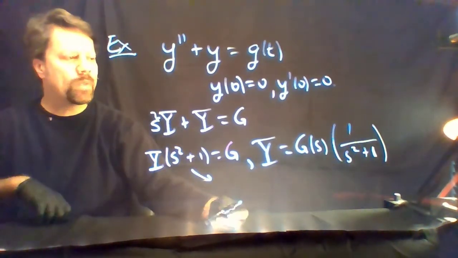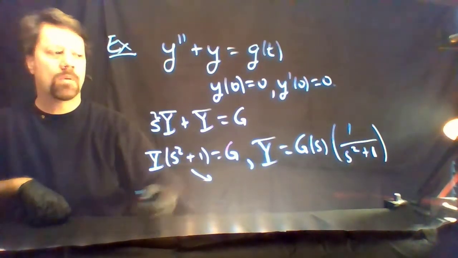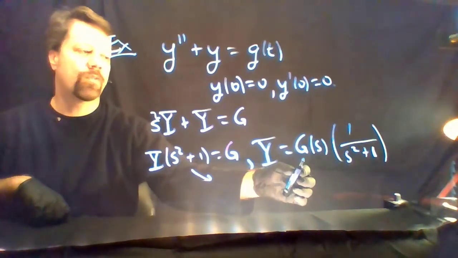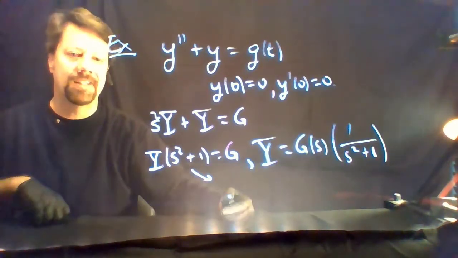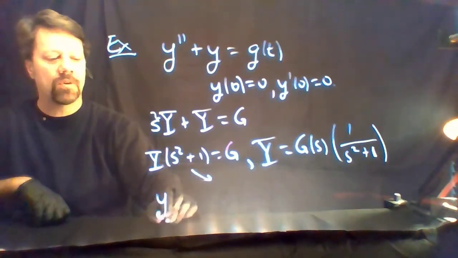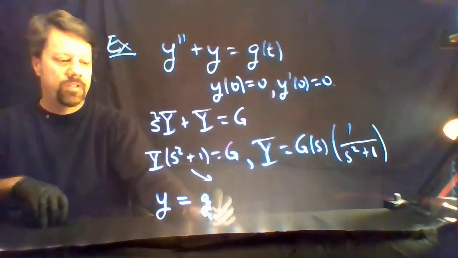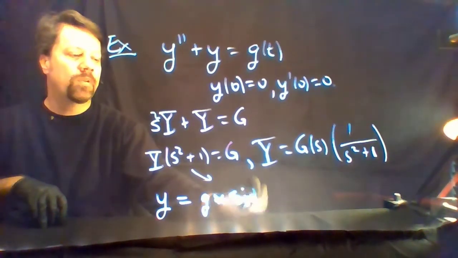At this point, we see we have the product of two Laplace transforms. This is the Laplace transform of little g, and this is the Laplace transform of sine of t. It follows that when we take the inverse Laplace transform, the solution will be g convolved with the sine function.